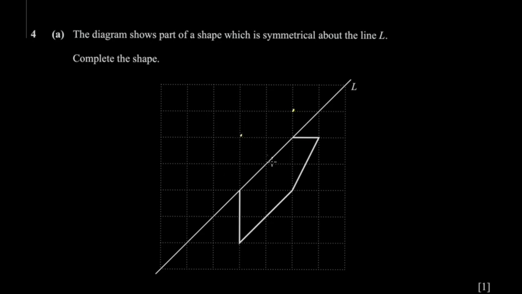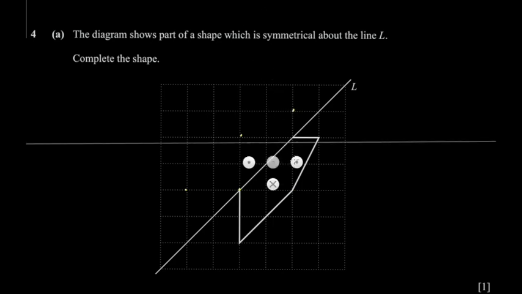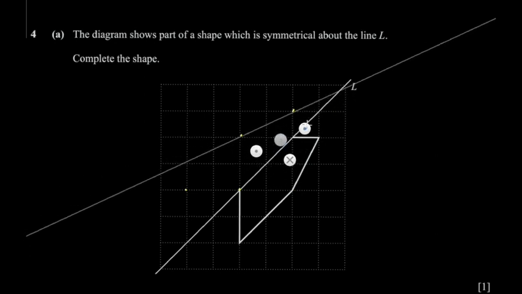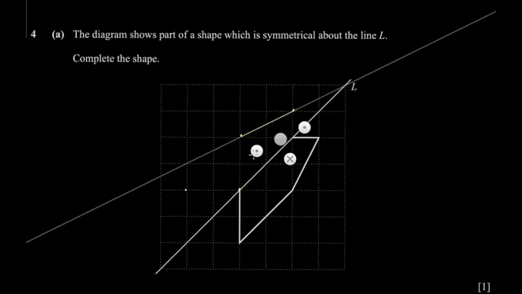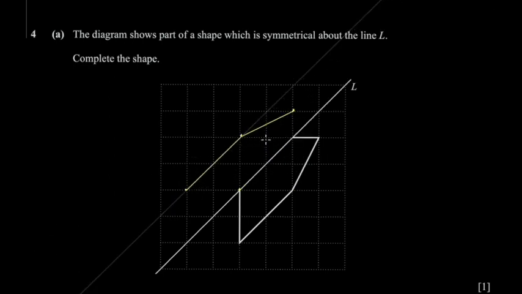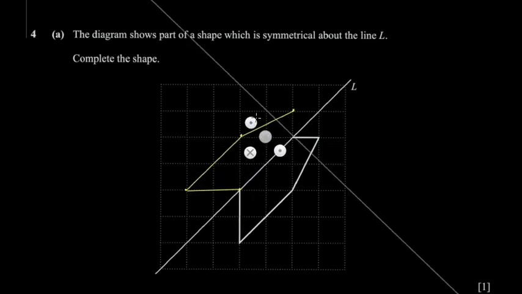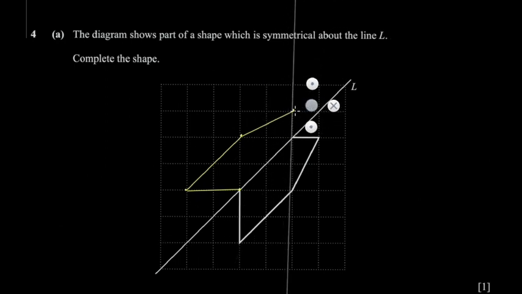Another way to go about it is to realize that this point, if you reflect it, it would come to this point. This point, if you reflect it, it would come to the same point. This point, if you reflect it, it would come to this point here. This point, if you reflect it, it would come to that point. So at the end of the day, what you'll be having is, let me just, yeah, this is it.